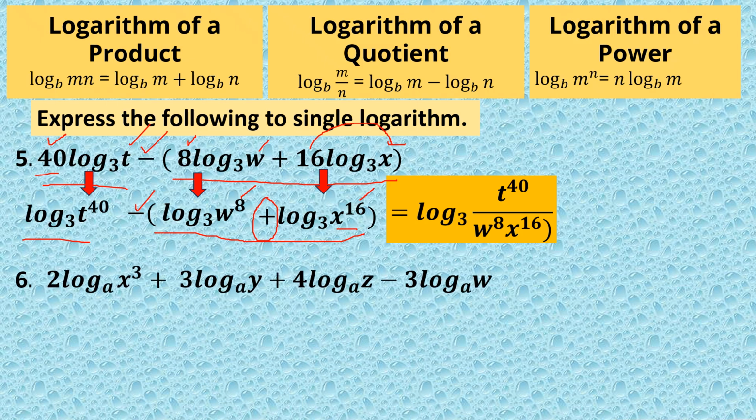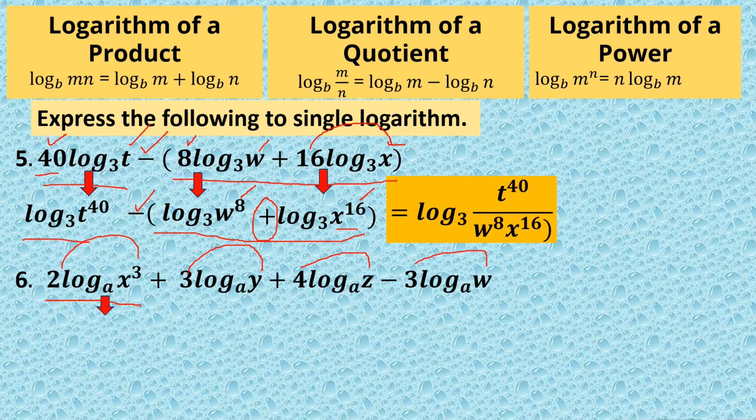And let us try the last number, number 6. So number 6, this is the logarithm of the power because that 2 will become the power of x cubed and that 3 will become the power of y and that 4 is the power of z and that 3 will be the power of w.